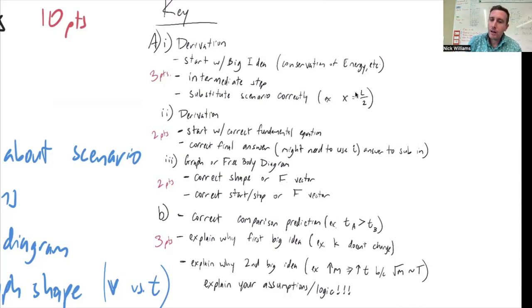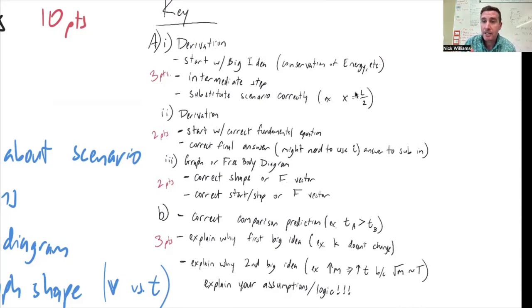Part B will ask you to make a prediction, usually in terms of comparing something to another scenario. So if this changed, then what would happen? So you'll have 1 point for making the correct prediction, like time of scenario A will be greater than time of scenario B. 1 point for explaining why using your first big idea.